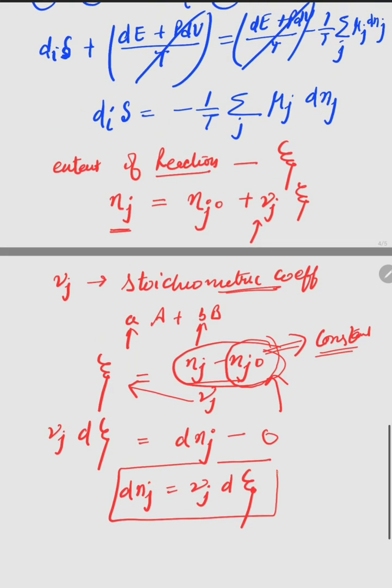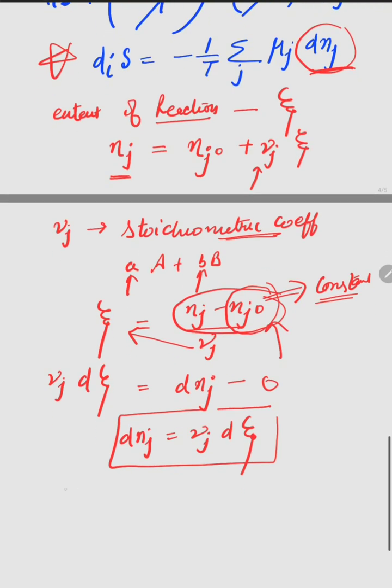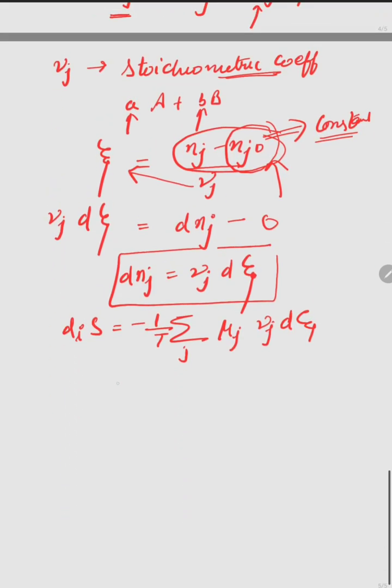Now put this value of dN_j in the last equation. So we will get d_iS equal to minus (1/T) summation over j of mu_j into nu_j into d chi. D chi is taken out of the summation and we are left with only nu_j into mu_j.